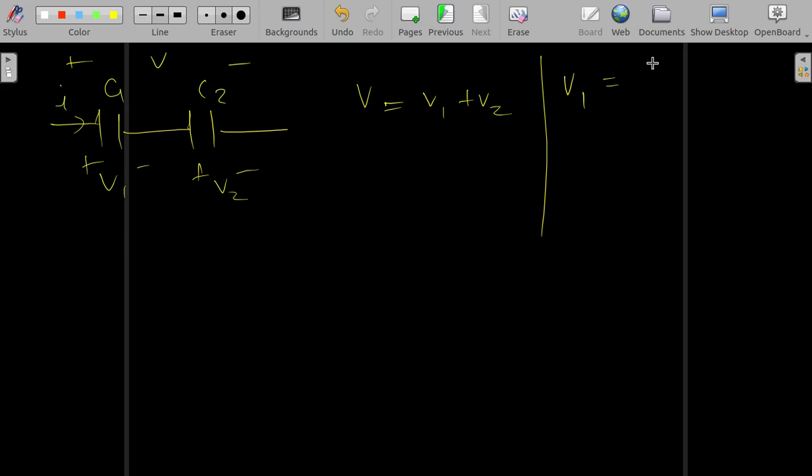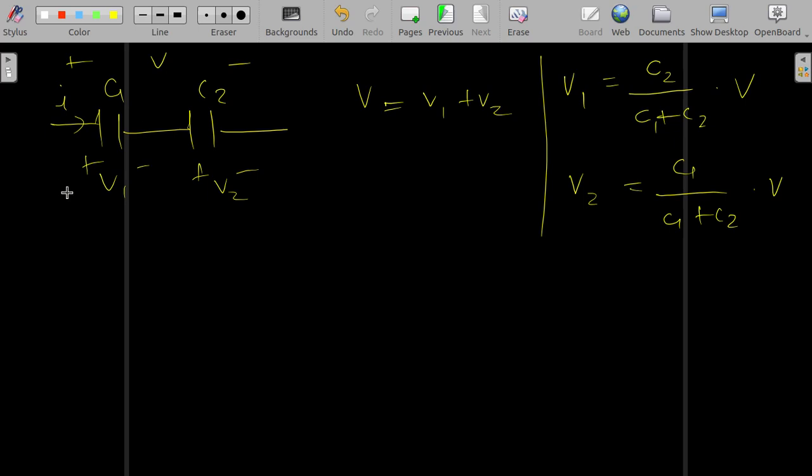So V1 equal to C2 by C1 plus C2 into V, V2 equal to C1 by C1 plus C2 into V.